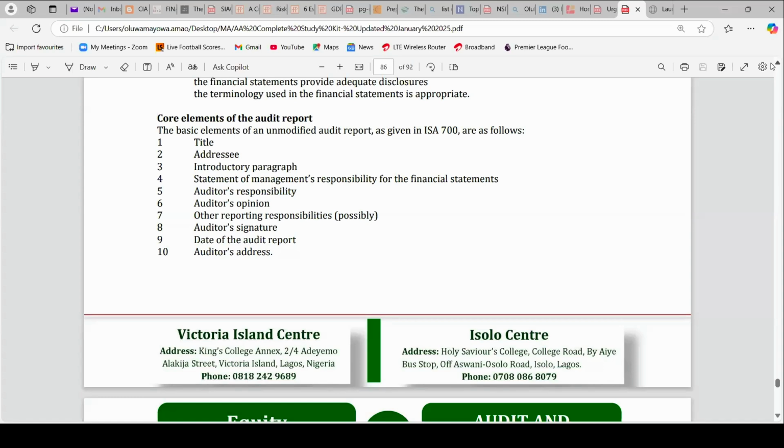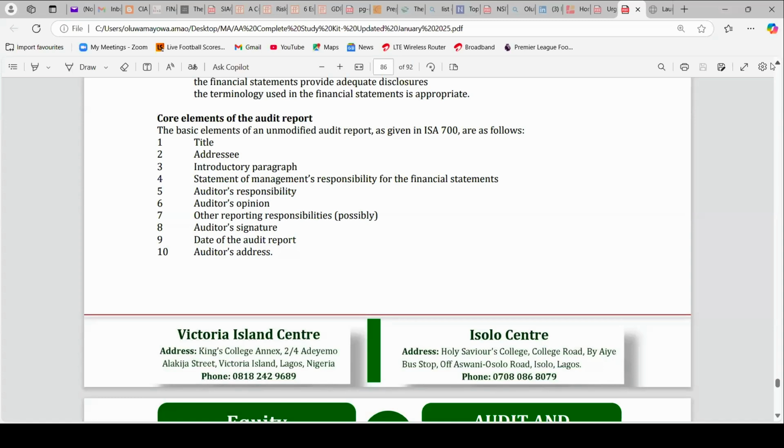So when you look at the core elements of the audit report for ISA 700, just like it is for unmodified, the only difference is there will not be a key audit matters paragraph. It will be included there. So after you have your title, address, introductory paragraph, management's responsibility, auditor's responsibility, auditor's opinion, and basis of that opinion, you will now have key audit matters.